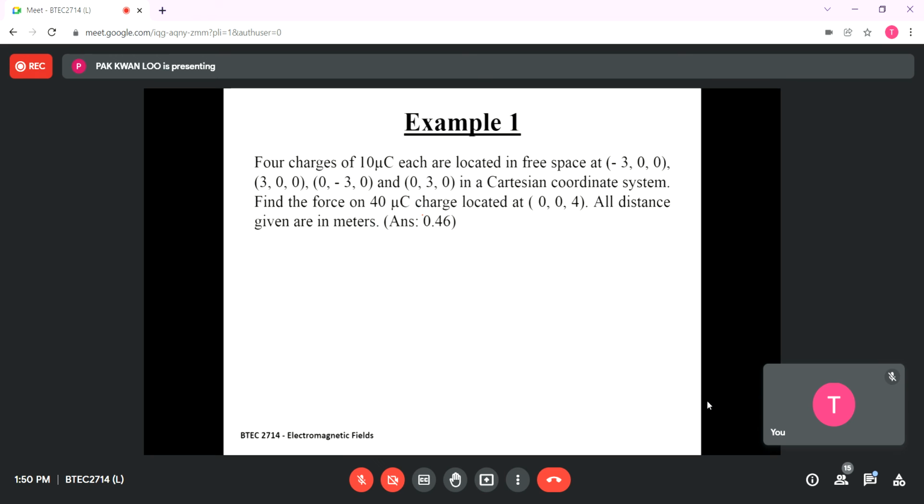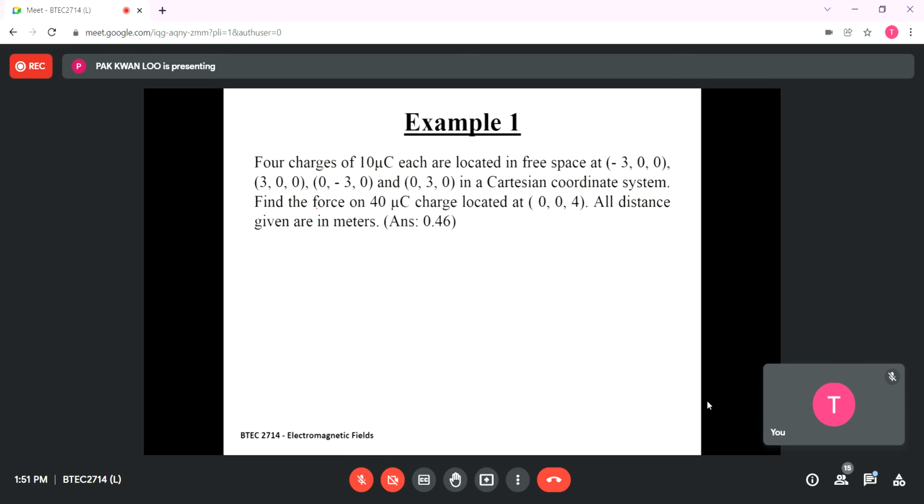If we observe carefully, the location of these four charges is on the XY plane, because the Z value is 0 for all of them.